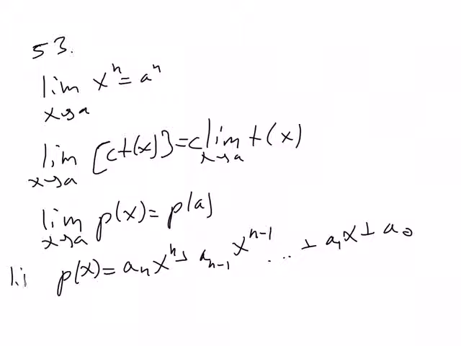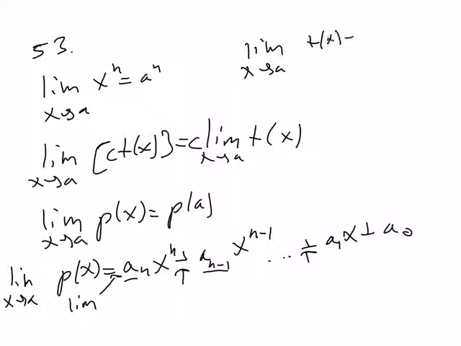So if I take the limit as x goes to a of all this, these are constants, these are linear, these are additions, and we know another rule: the limit as x goes to a of f of x plus g of x equals, if the limit of f of x exists and the limit of g of x exists, the limit of f of x plus the limit of g of x.